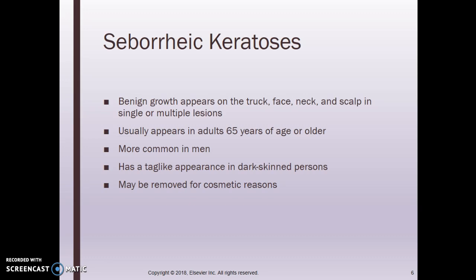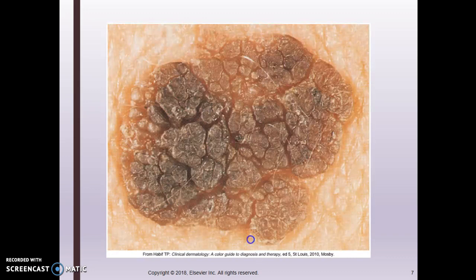This one is a benign growth that appears mainly on the trunk, the face, the neck, or the scalp, as a single or multiple lesion. They're more common in people 65 years and older, more common in men. It looks like a waxy raised lesion, flesh-colored or pigmented in various sizes. It has a stuck-on appearance. It may be removed for cosmetic reasons, and here's what it looks like.